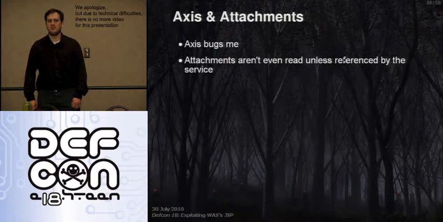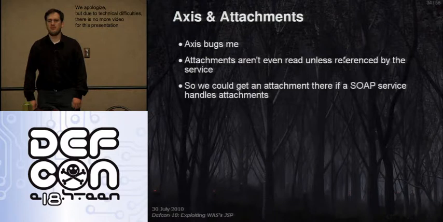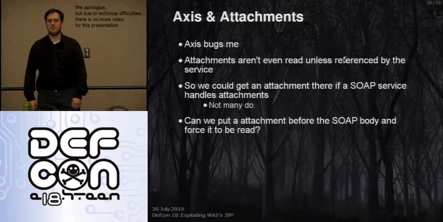So if your service actually doesn't handle attachments, it doesn't even bother reading them. So it doesn't get to the point where it actually caches on the disk. It's just rather frustrating because we'd have to find a SOAP service that handles attachments. And at least where I work, we don't have very many of those, if any. So it's a lot rarer to have this, which makes our attack a little harder.